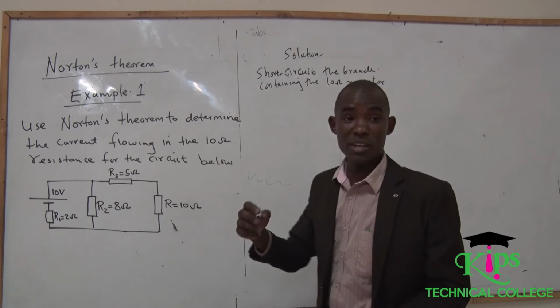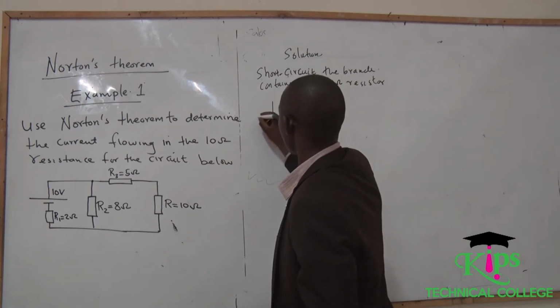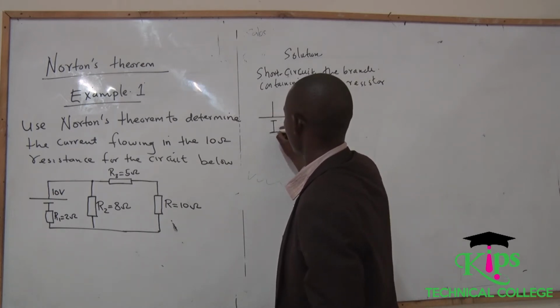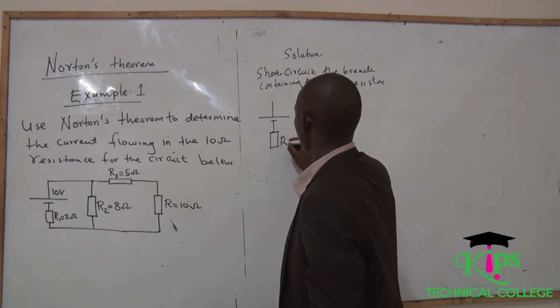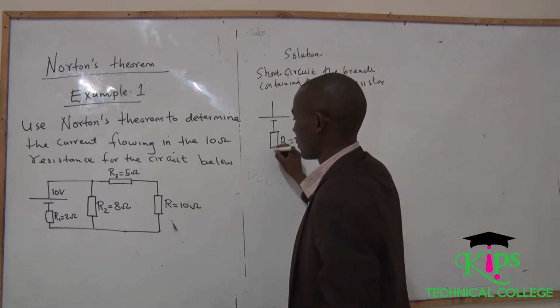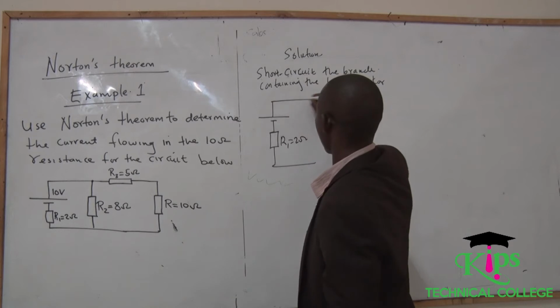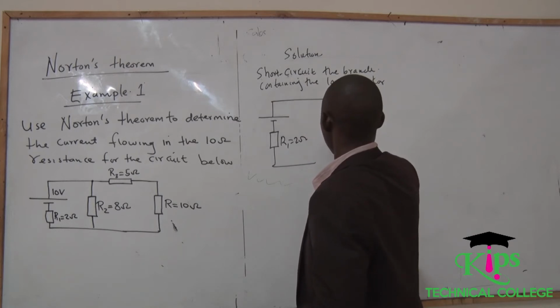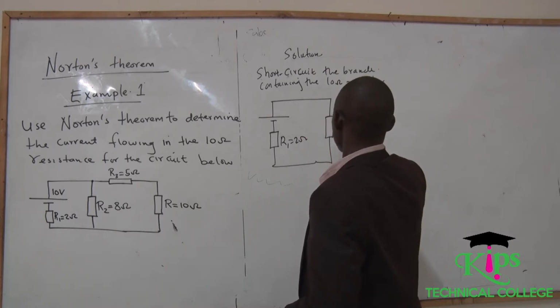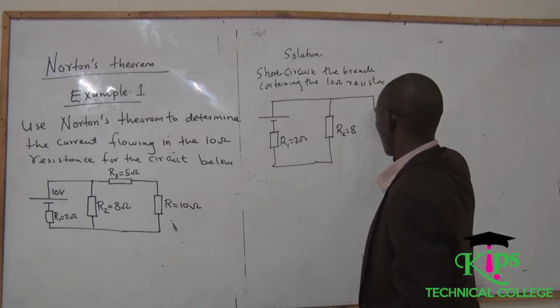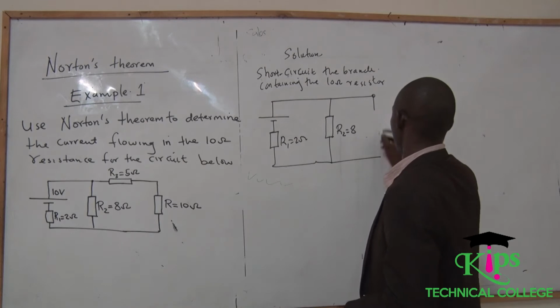The circuit remaining will be, we have 10 ohms there, we have a resistor of 2 there, this is our R2, which is 8, and we have short circuited the whole of this branch.